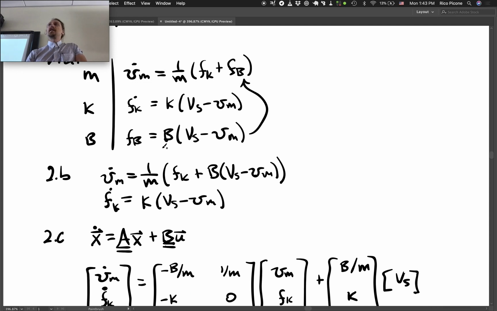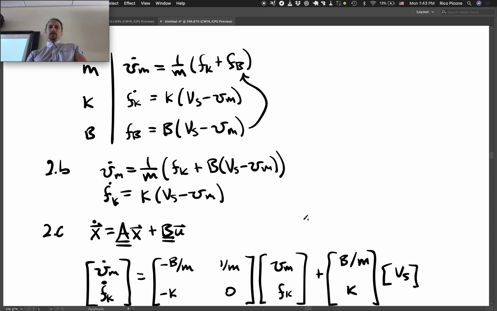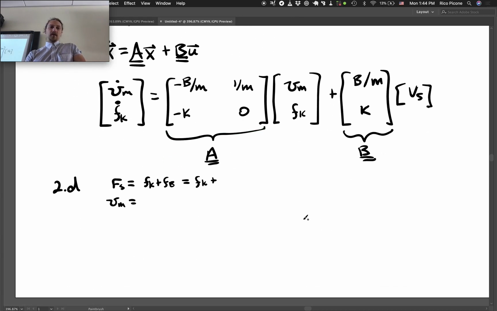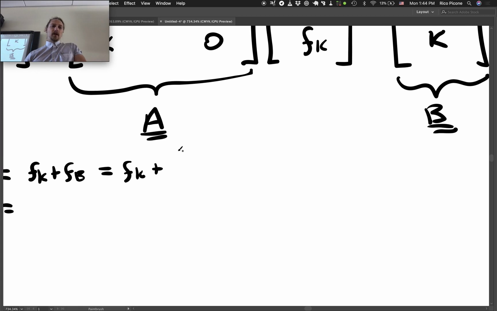Oftentimes during this process, you can find an intermediate equation in the solution that you've come up with so far to find the state equation for the output variable or part of the output. So Fb equals B times (Vs minus Vm), and that's an input and a state variable, so we're good to go here. B times (Vs minus Vm).